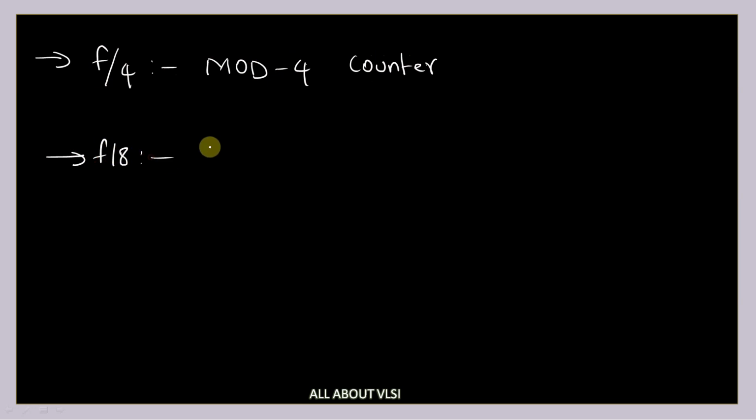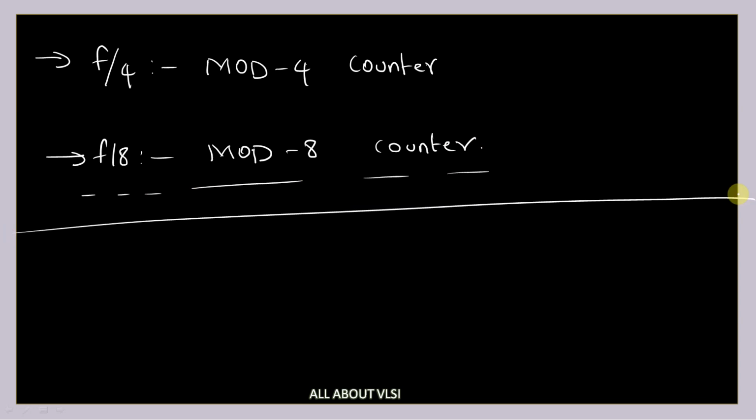Frequency division by 4, mod 4 counter; frequency division by 8, mod 8 counter. We have seen all these conclusions in our previous sessions. If you want, you can rewatch the recordings for this.